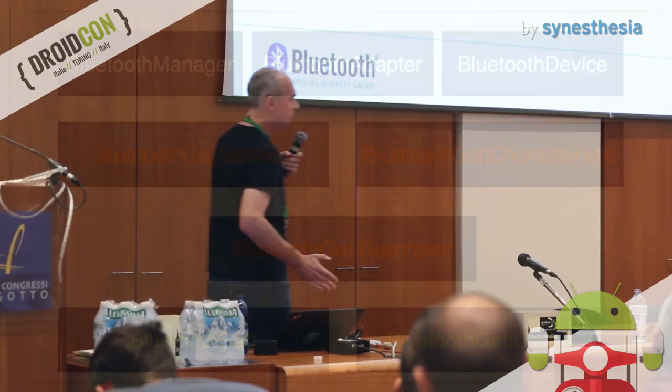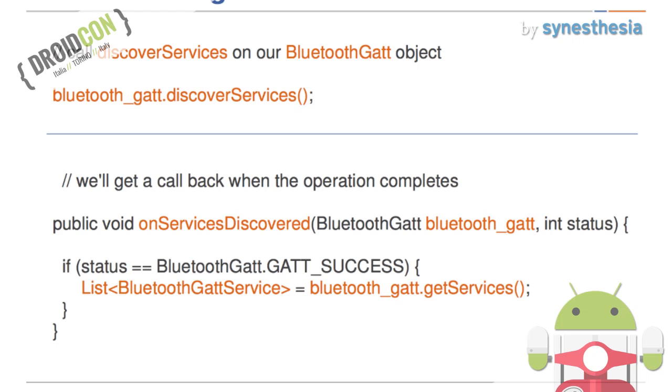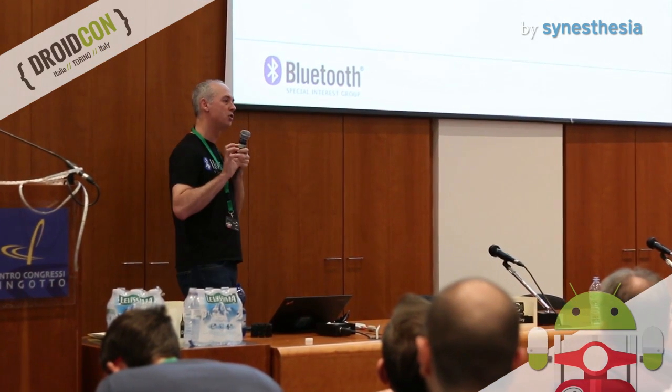We do various things with services. We can access them directly if we know their UUID, or we can enumerate them. We can get lists. We can say, give me all the services that this device has. To do that, we call the method discover services on that Bluetooth GATT object. Remember our controller object that we give all our commands to. Discover services is just kicking off an asynchronous operation.